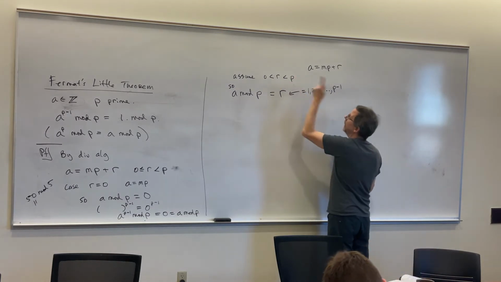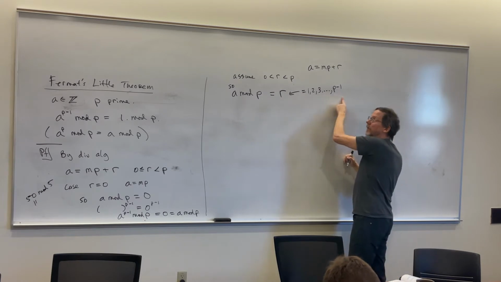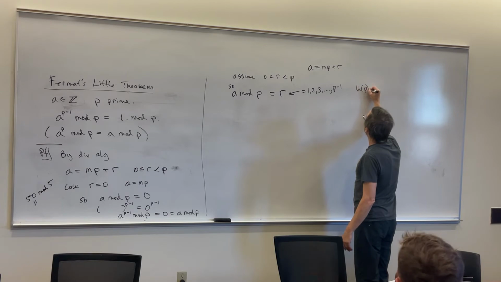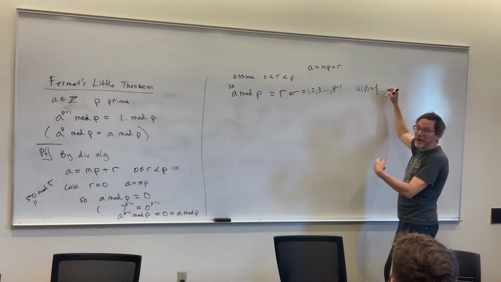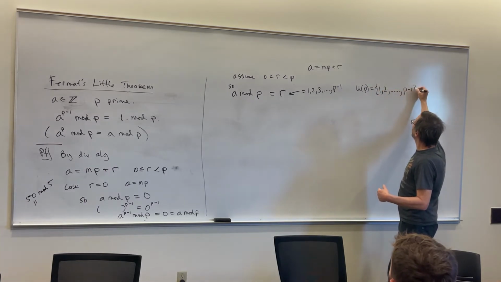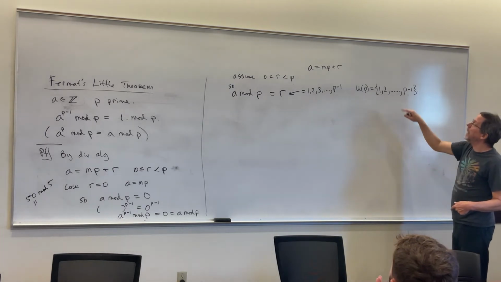Otherwise it would go up to p minus 2. So r is one of these numbers here. Well, remember this group? It's all the things that are relatively prime to p under multiplication. What is the order of any element in here?